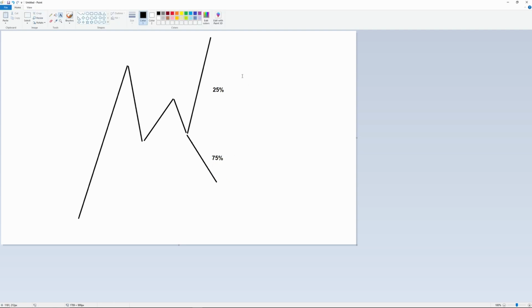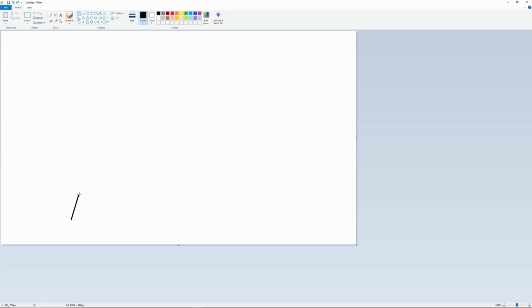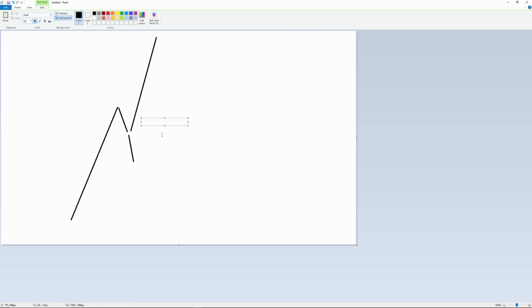But this doesn't break the pattern, because the idea is that every successive move upwards just expands the idea to a higher time frame. So what you end up having is, if you look at a higher time frame, all you see is a leg, then a pullback, then you get another leg higher, and this right here is your 25%, 75%.